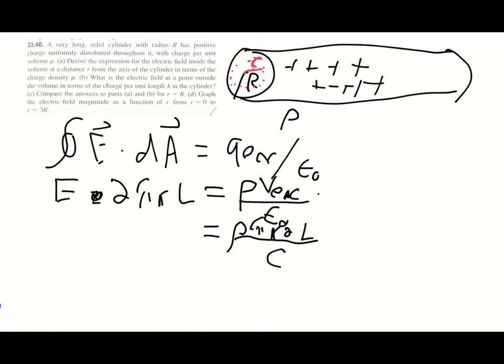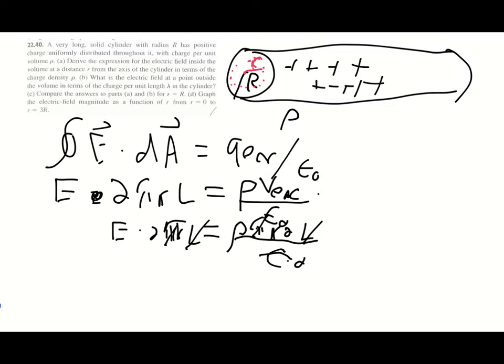And again, we got E times 2 pi r L. You can see the pi's are going to divide out, but the r that's tucked in there is not. The L's are going to divide out. That's convenient.